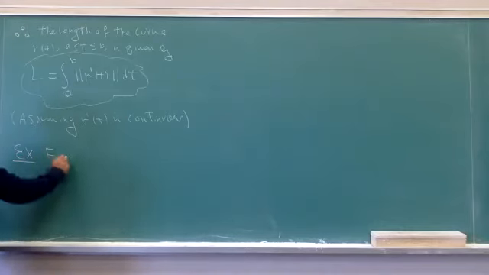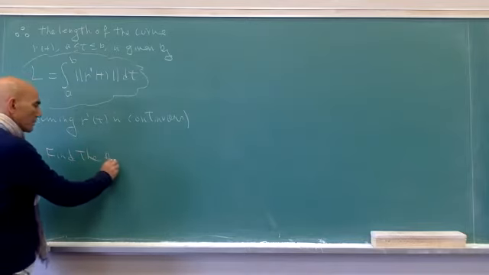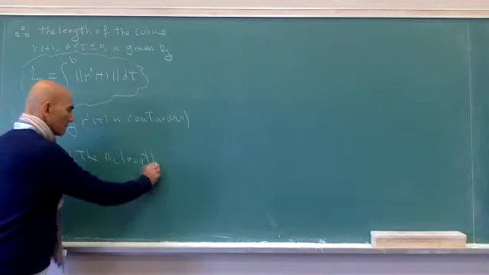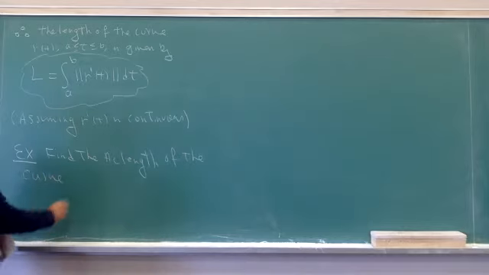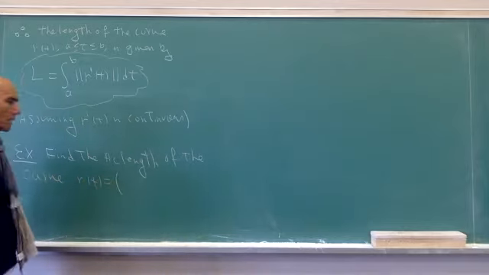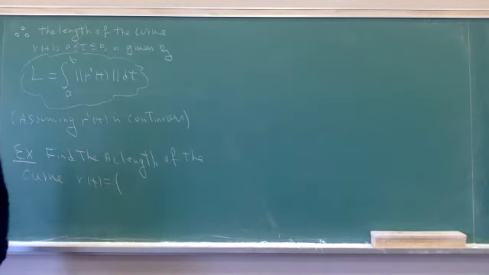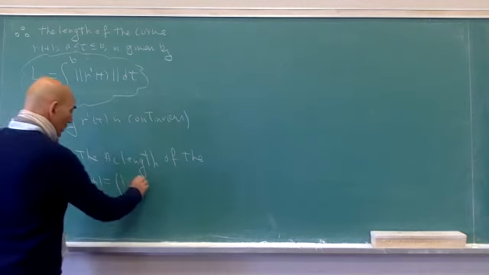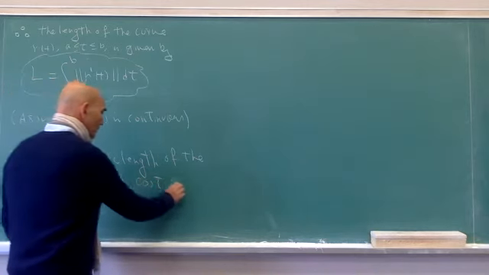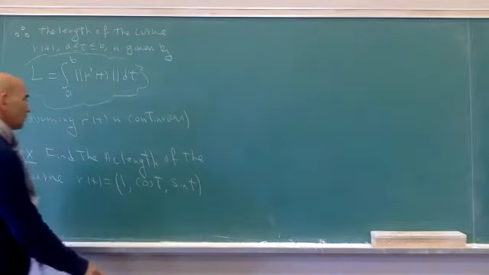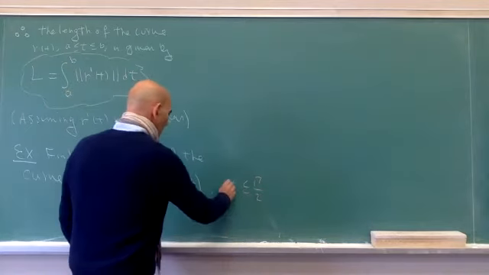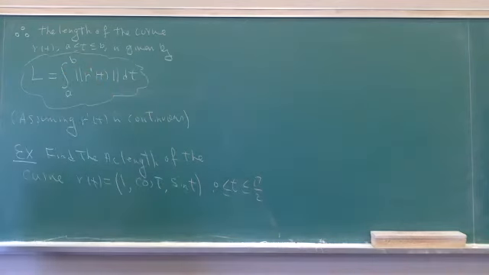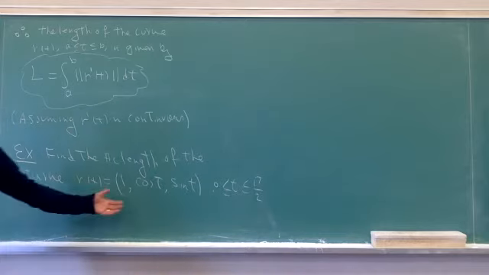Find the arc length of the curve r of t equals (1, cosine of t, sine of t), t between pi over 2 and 0. First of all, let's see what kind of curve this is.